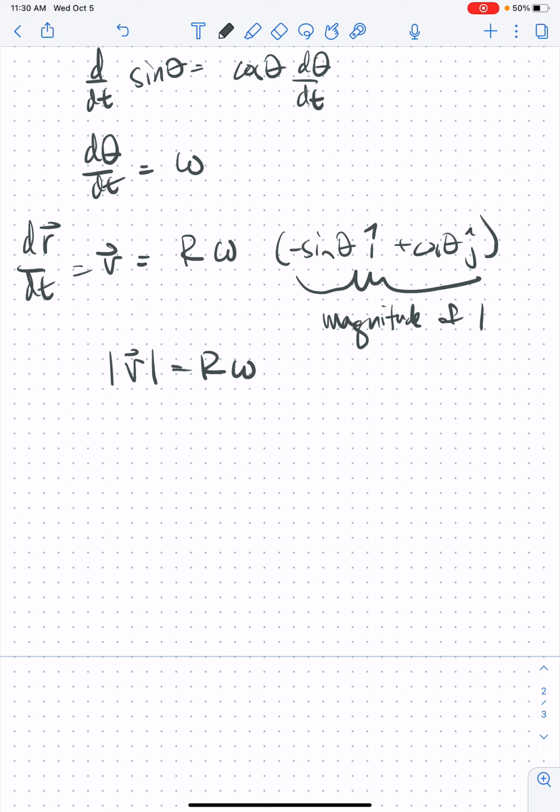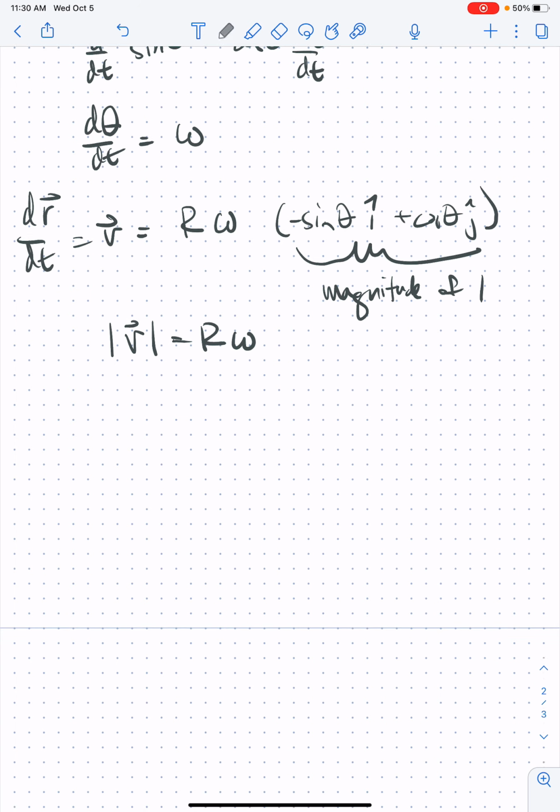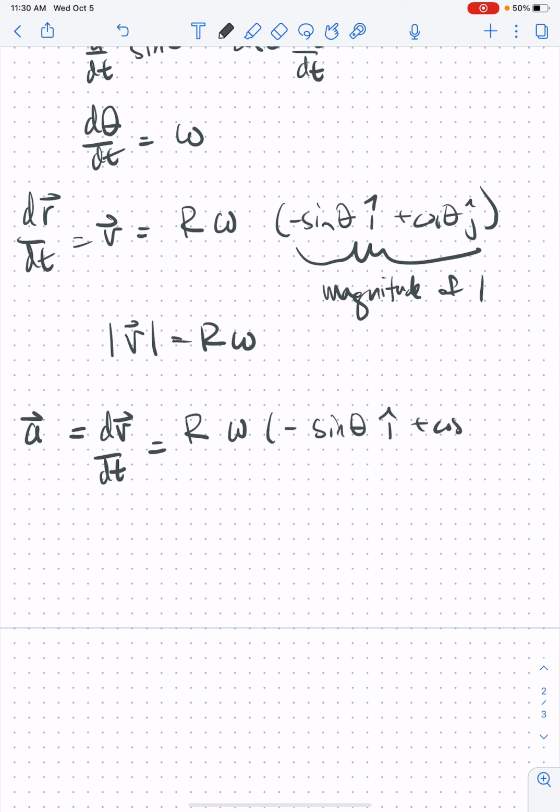And now let's think about acceleration. So our acceleration is dv dt. So now we've got R omega times negative sine theta i hat plus cos theta j hat.